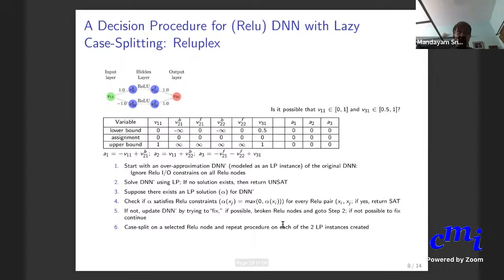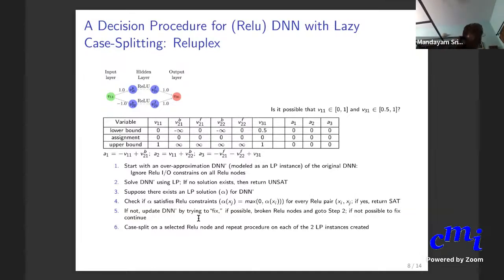Okay, if one or more ReLU pair constraints are broken, then it has a certain new way of updating.